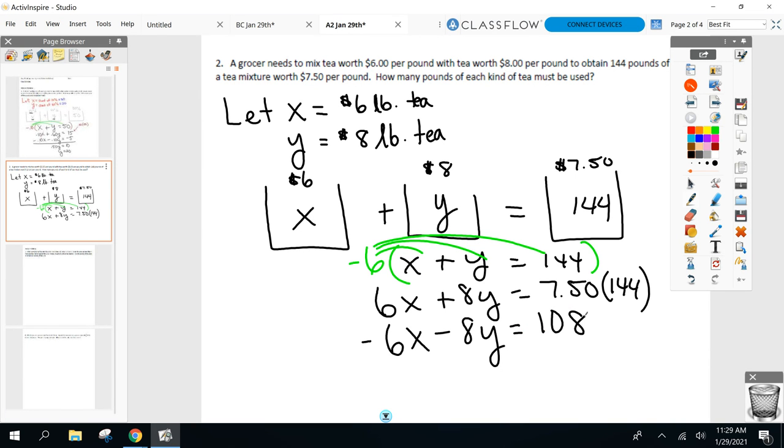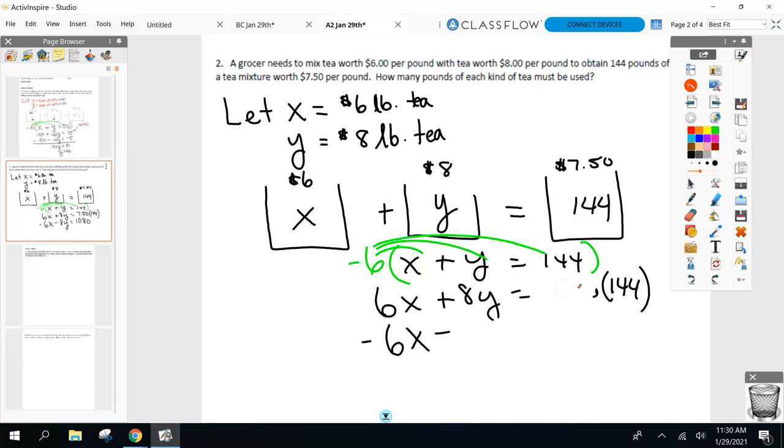$1,080 for me. I should probably do 750 times 144, right? Wait, what am I doing here? I'm rattled. Sorry, guys. I'm just rattled.